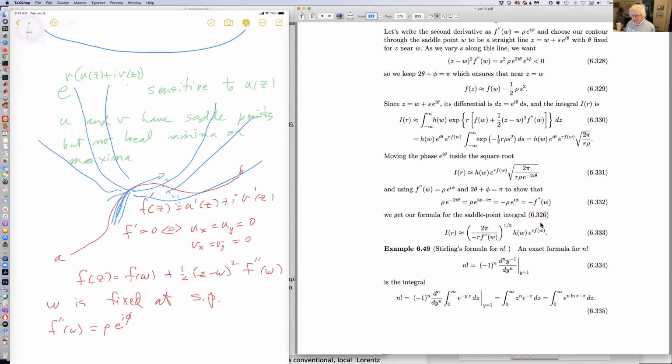So that's a nice compact, exact expression for the case where h is slowly varying and r is a real number.